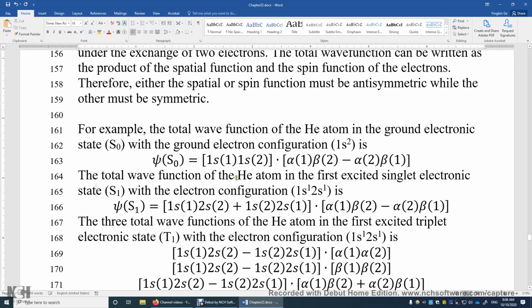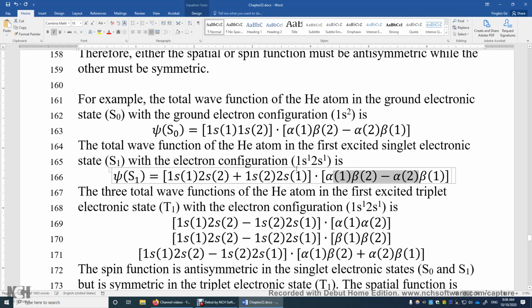We also have a product of the spatial function, which tells you the spatial distribution of the two electrons, and the spin function of the two electrons. So this spatial function is symmetric under the exchange of the two electrons. This spin function is antisymmetric.